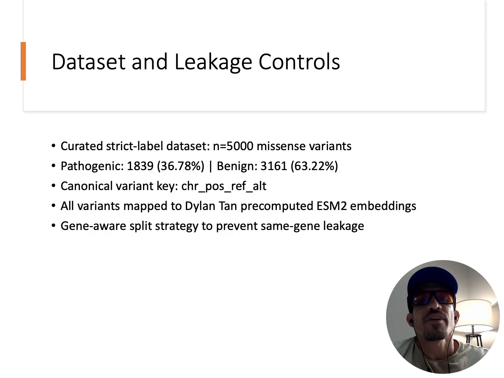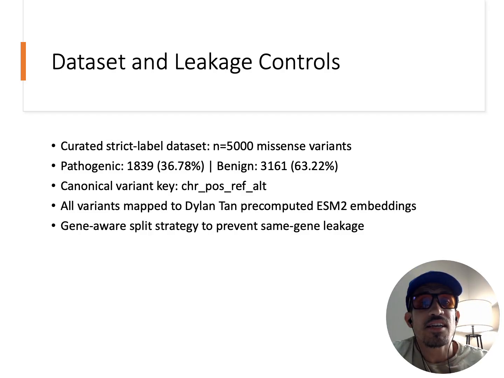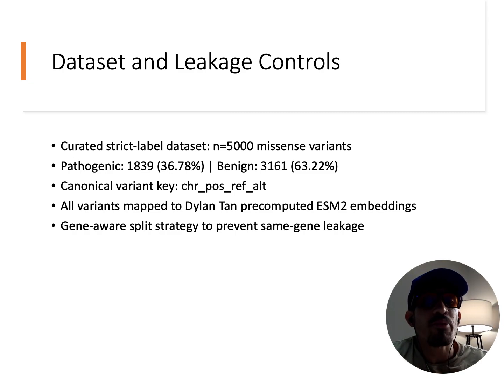The final curated dataset has 5,000 strict label missense variants, with class composition around 36.8% pathogenic and 63.2% benign. Features come from Dr. Fan's lab embeddings. Each variant is traced by a canonical chromosome, position, reference, and alternate allele key, and linked to precomputed ESM2 embeddings.